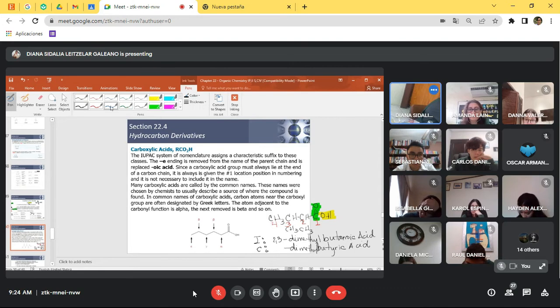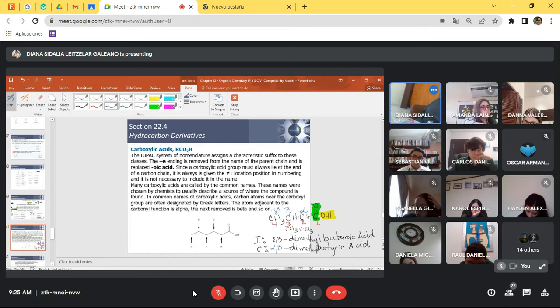Now, another difference is that the substitutes do not have numbers in the common names. They have Greek letters. Alpha, beta, gamma. In what position are our substitutes located? Alpha and beta.